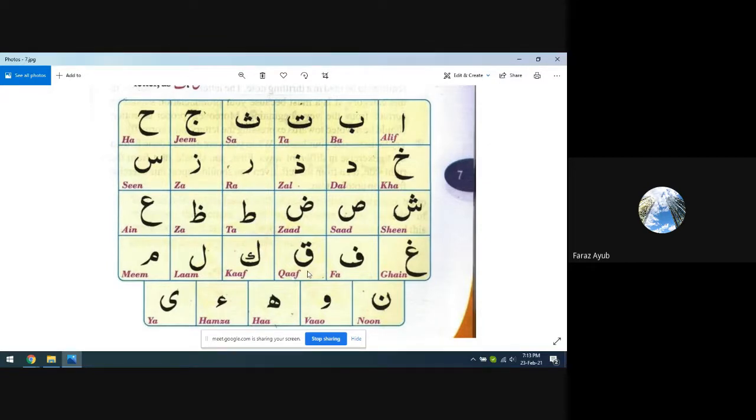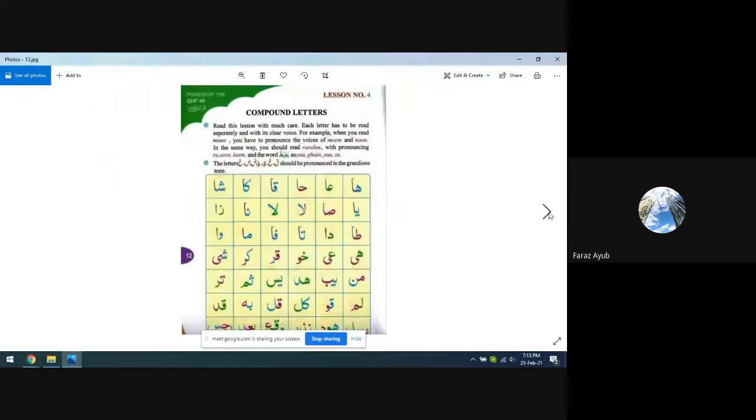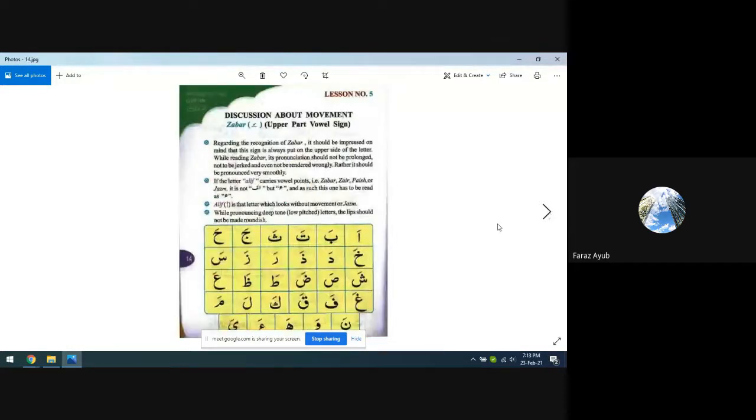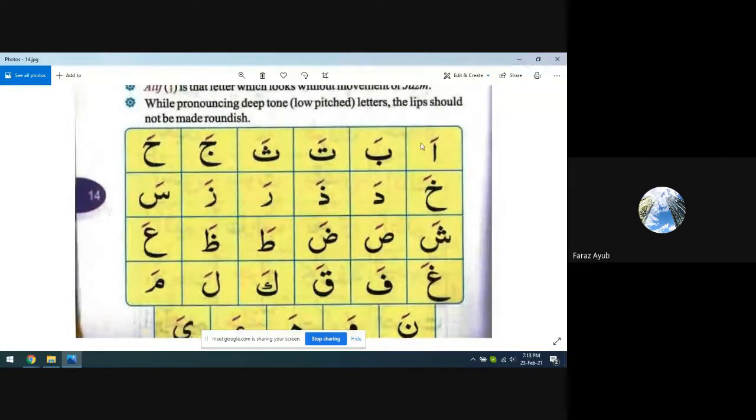The other letter is qaf. This is the bold qaf and this is the light kaf. So qaf and kaf, these two letters are different. Now we are discussing zabar. In Arabic, people call zabar fatha.